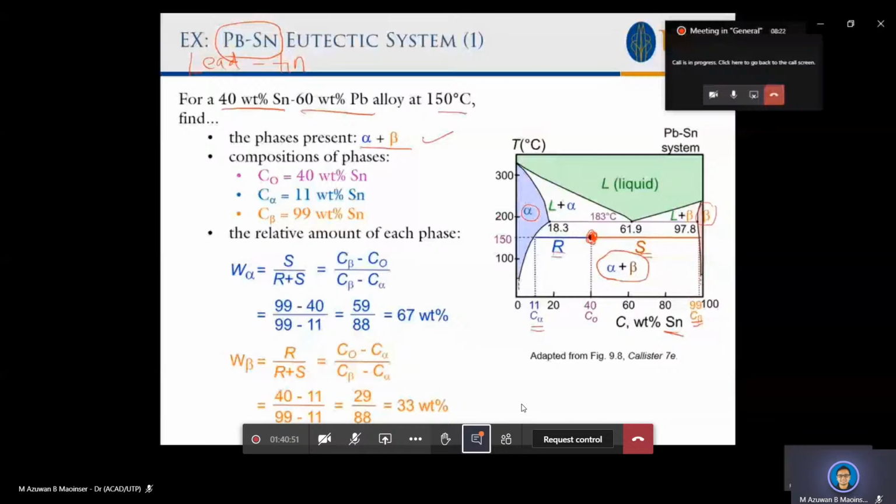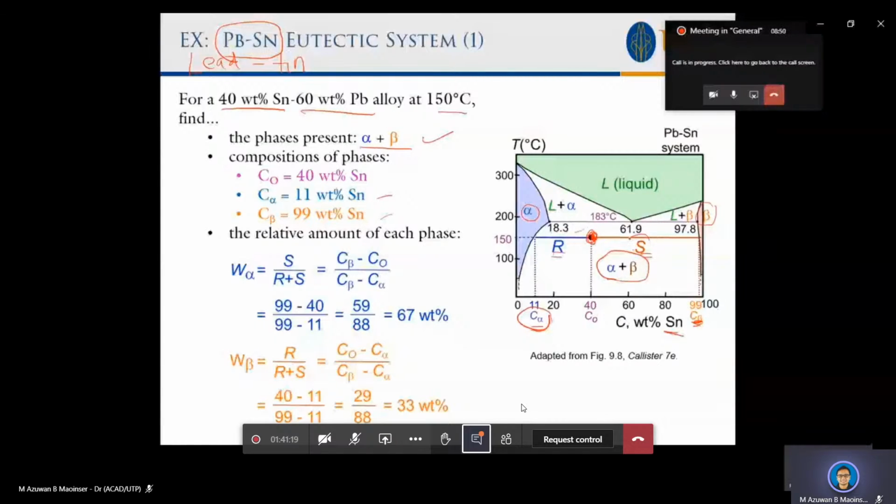Composition, as we read just now. From here, this is 11% of stannum for alpha, and for beta is 99%. This is just an estimate, because it's very close to 100 already. So it would be 99% of beta. Relative amount is easy. If I bring out this tie line, this is alpha. Therefore, if I want to find the amount of alpha, I have to go to the opposite side.